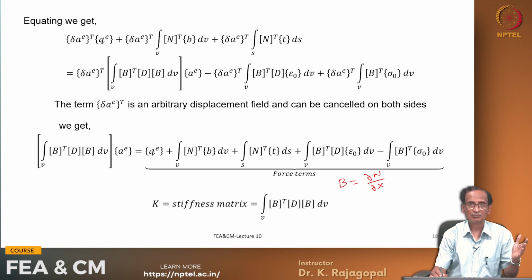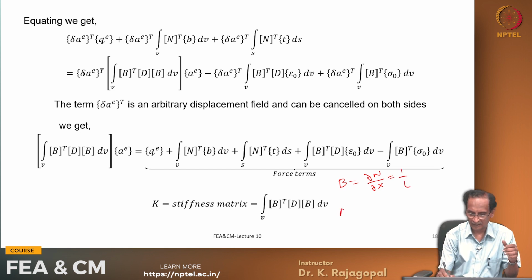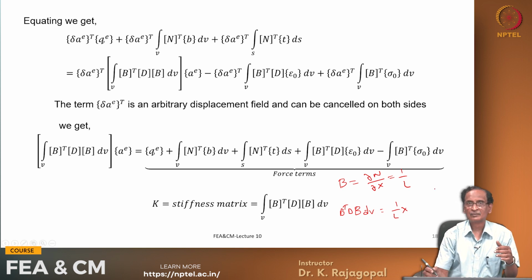As we have seen, for the 2 node bar element, N1 is 1 minus x by L and N2 is x by L. So B has the units of 1 by L. D is the constitutive matrix.